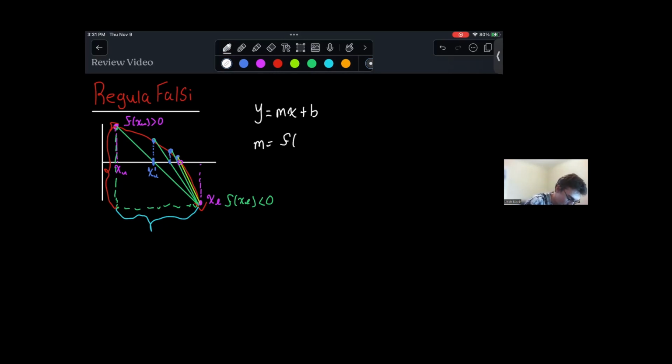So we do f of xu, which is how high we are, minus f of xl, that is y2 minus y1. We're then going to divide that by x2, which is xu, minus x1, which is xl.